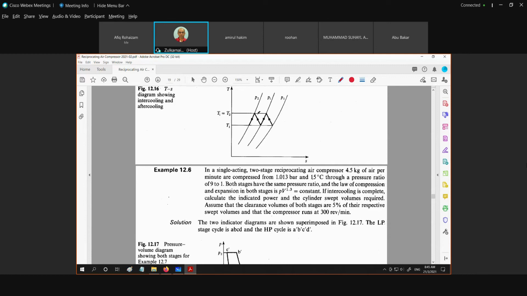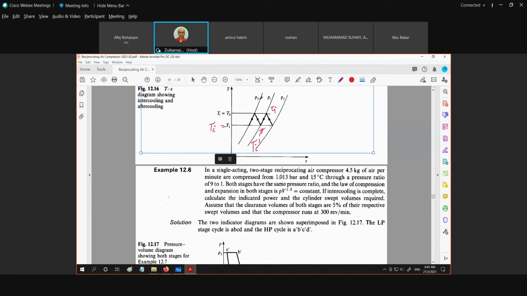This represent the second compression process pada high pressure. Dia kata bahawa lihat T1 ni, ini adalah sebenarnya sini adalah T1 prime. Kat sini. Okay. T1 prime. Dekat sini adalah T1. So this is equal to T1. So this is the case of complete intercooling. Okay, complete intercooling.